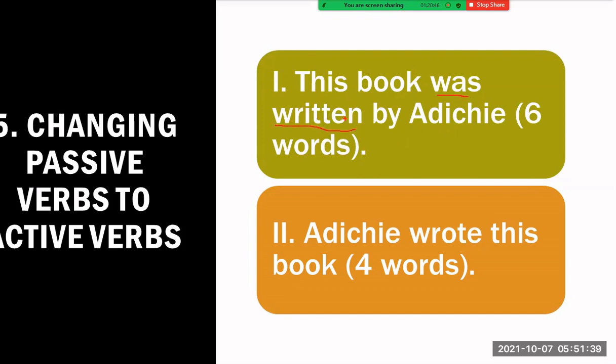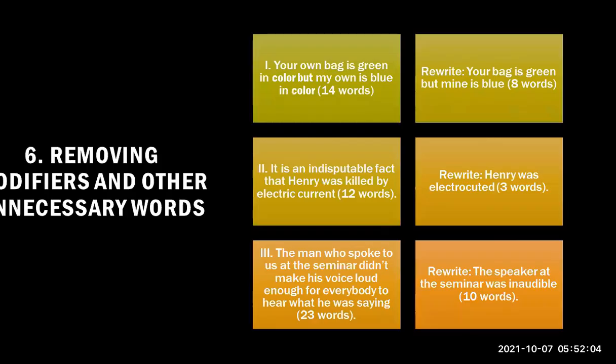And so here we change it to the active, and what we have is Adichie wrote this book. So we are reducing 6 words to 4 words. All right. So you have seen from this example that this is really a very helpful way of reducing words.